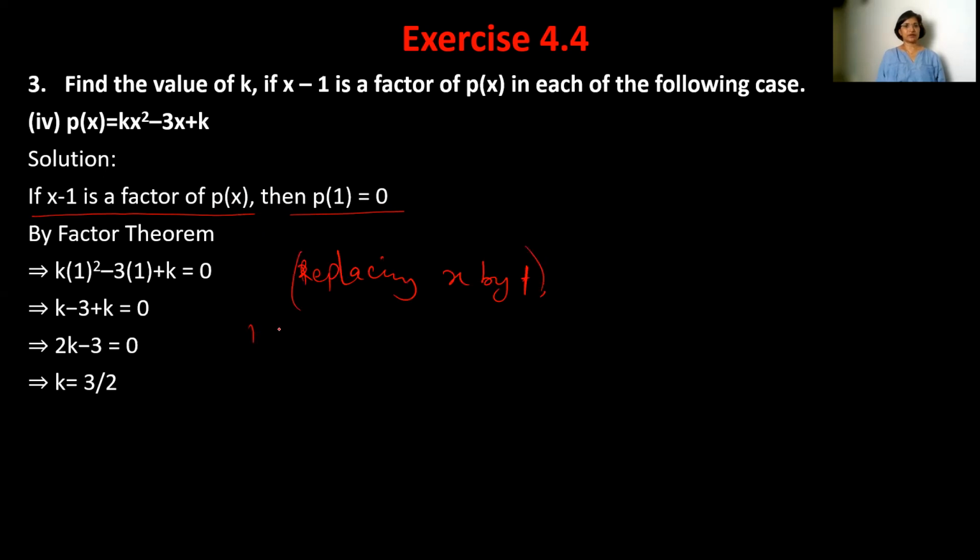So k into 1 square minus 3 into 1 plus k. So what will we get? We get k minus 3 plus k. So k plus k will become 2k minus 3. So 2k minus 3 equals 0. So 2k equals 3. That means k equals 3 by 2. So the value of k, we get this.